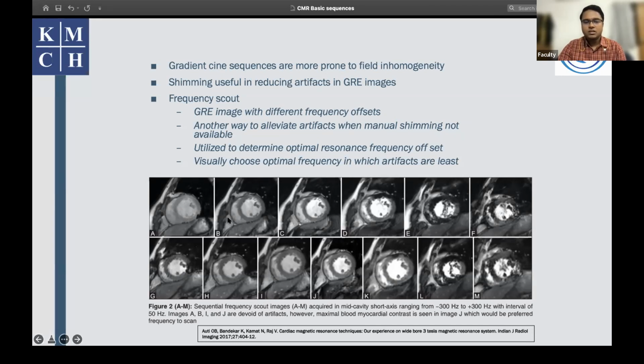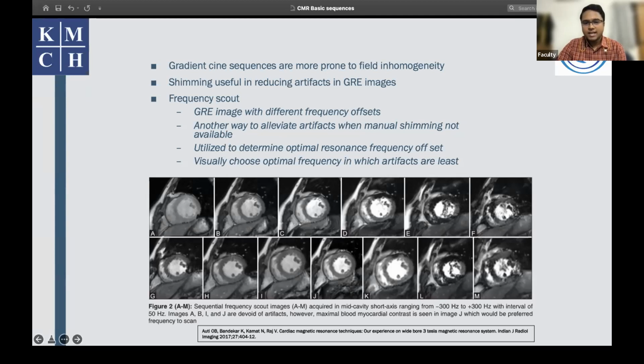So what we do here is visually look at these images and select a single image at which there are the least artifacts and the greatest contrast between the LV cavity and the myocardium. And if you see here, these couple of images seem to have the least artifacts and the greatest contrast between the cavity and the myocardium.